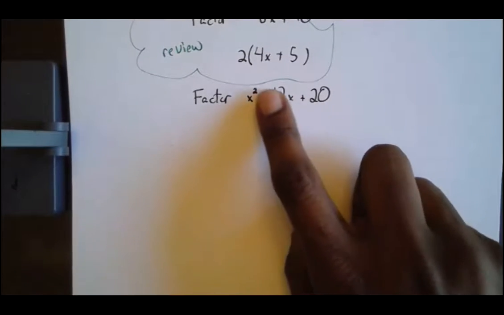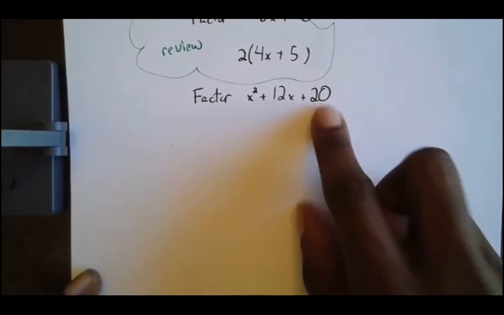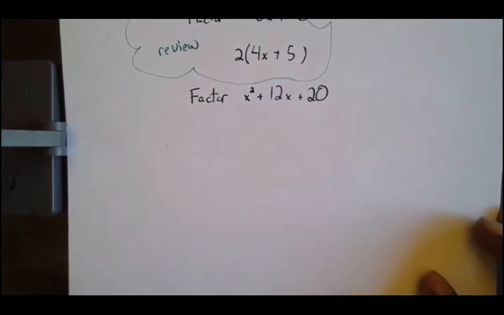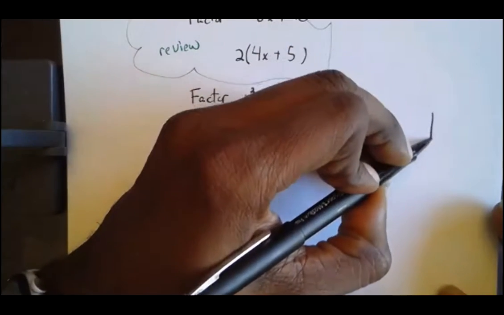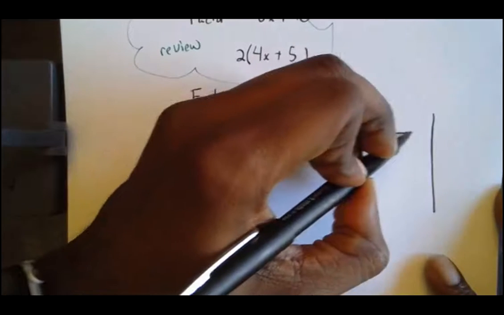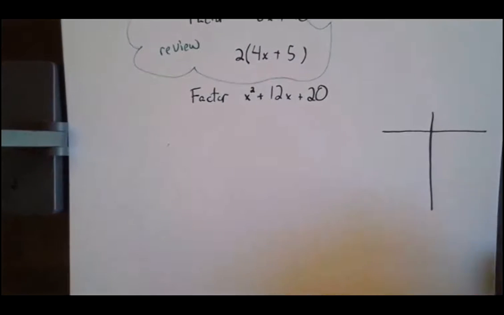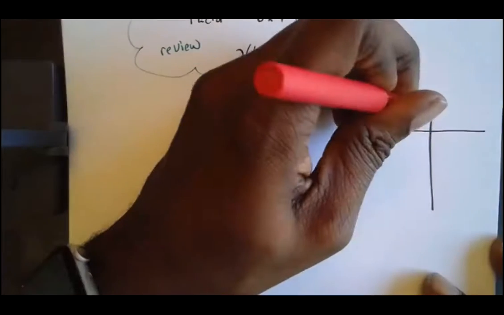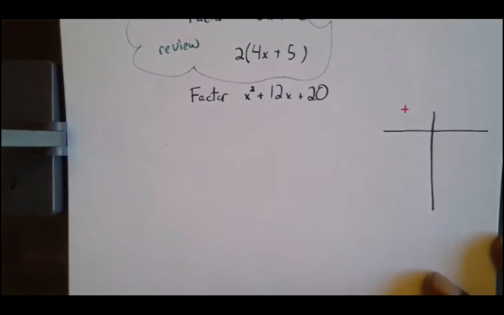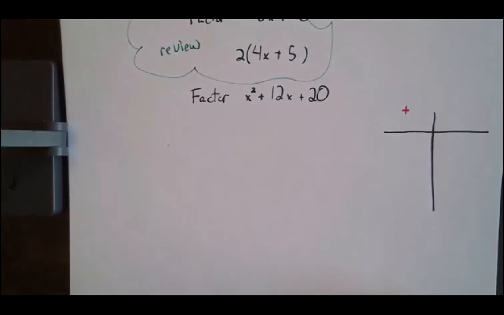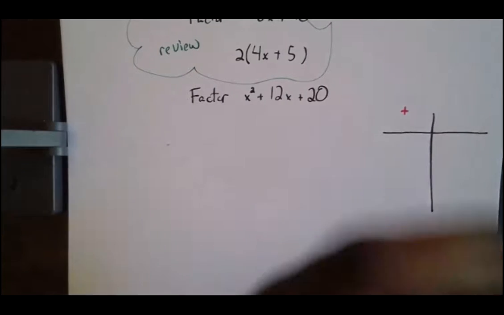So the step that you're going to use to factor this is as follows. I want you to create a tree, or what's called a T-chart. On the left side of the T-chart, I want you to put a plus sign. On the right side of the T-chart, I want you to put a times sign.